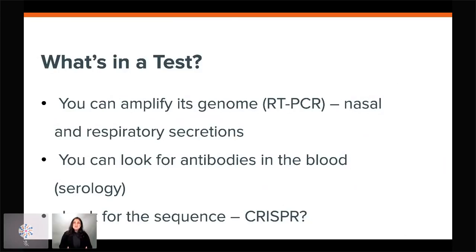So one of the things that you can do in order to figure out if somebody actually has the coronavirus is you take a sample from them, for instance, from their nose or a swab from their throat, and you put it in a tube and you amplify it using something called reverse transcriptase polymerase chain reaction. The chemical details of how they do this is unimportant, but the important part is that you have to amplify the genome.